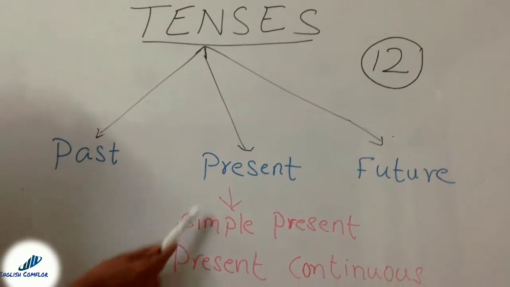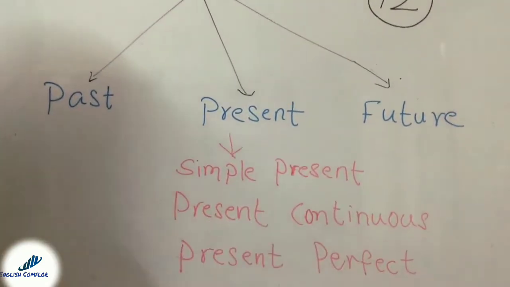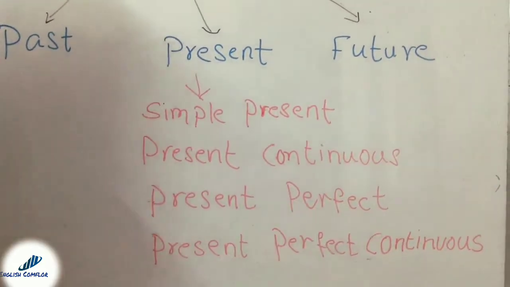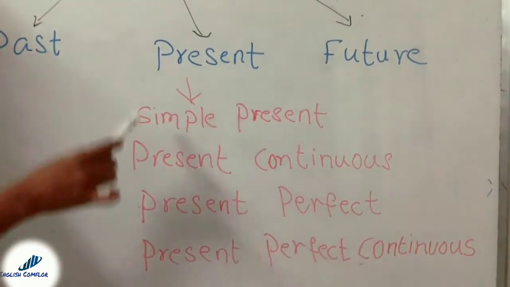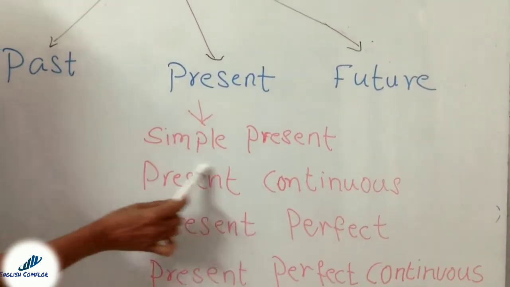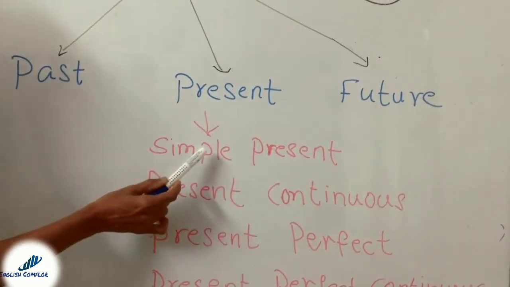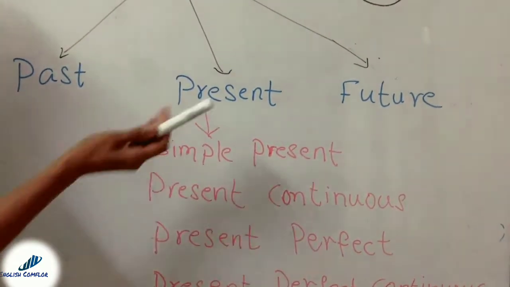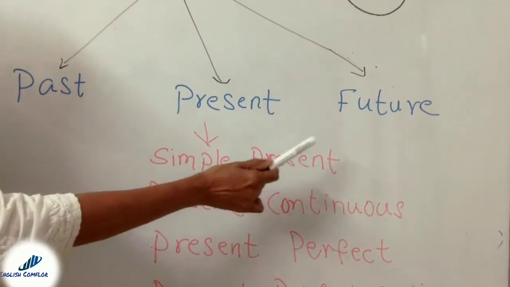Now the subdivisions for present tense are simple present, present continuous, present perfect, present perfect continuous. Now the first tense is simple present. We are going to take the first tense, simple present, and we are going to see the rules and where we use it, and the other lessons on this.